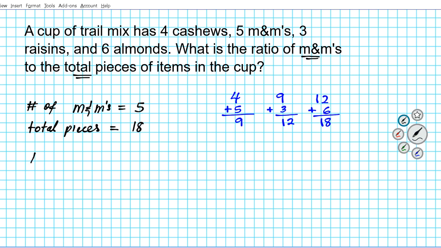All right. So the ratio of M&Ms to the total pieces in the cup, we're going to write it in 3 forms, okay? It's given by, in word form, it's 5 to 18, all right? So it's 5 to 18.